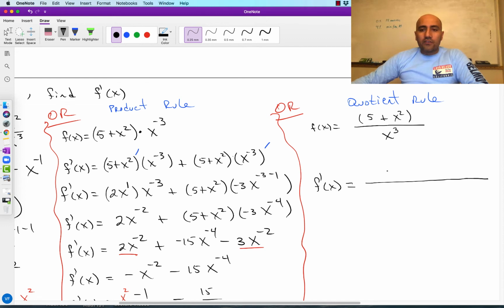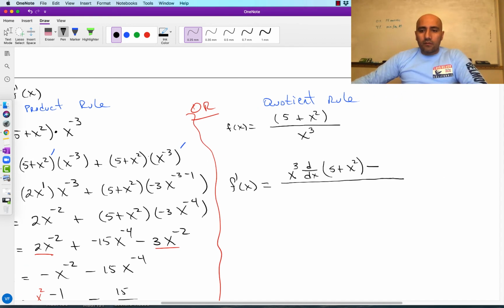And now it's low d high minus high d low all over the denominator squared. Okay, low d high minus high d low over the denominator squared we go. Okay, that's about as close to singing it as I can get.